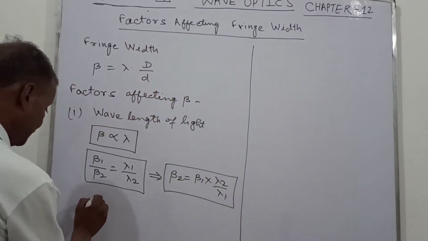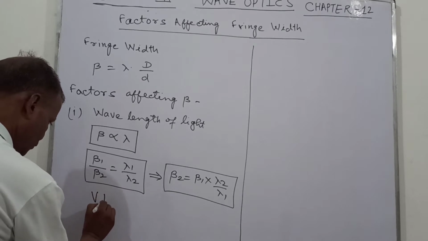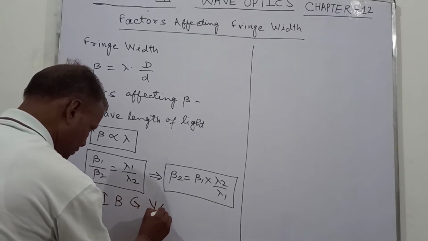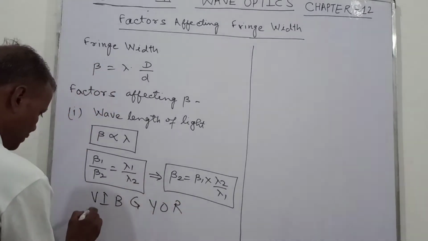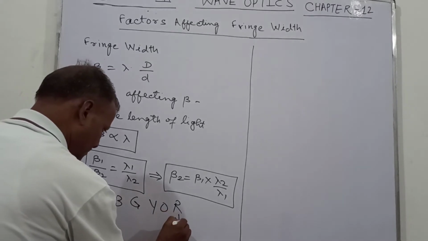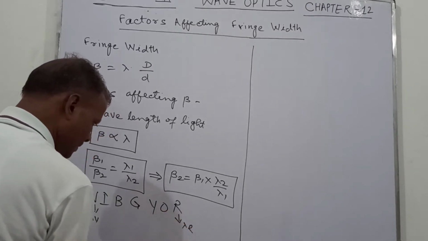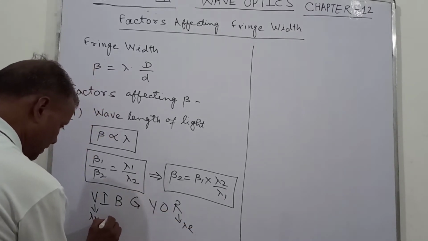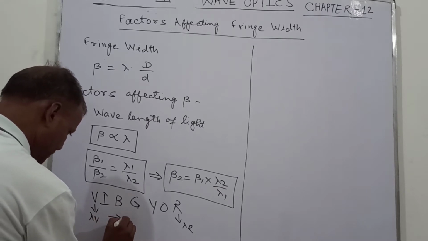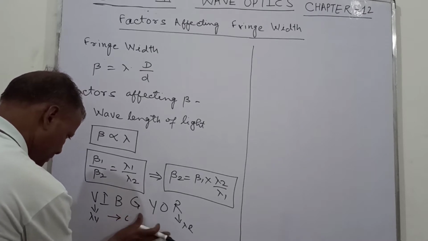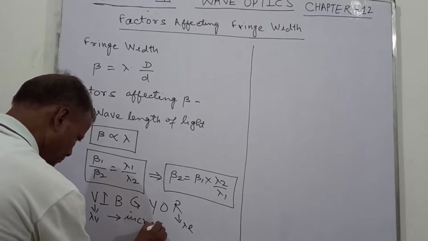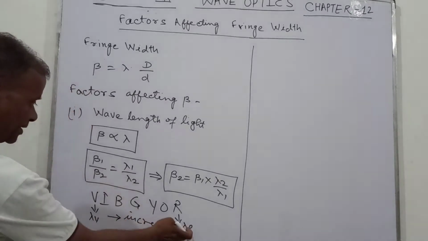So what we have? Now we have this VIBGYOR. Here this is now your lambda V, this is now lambda R. So on this side it increases. So lambda increases.